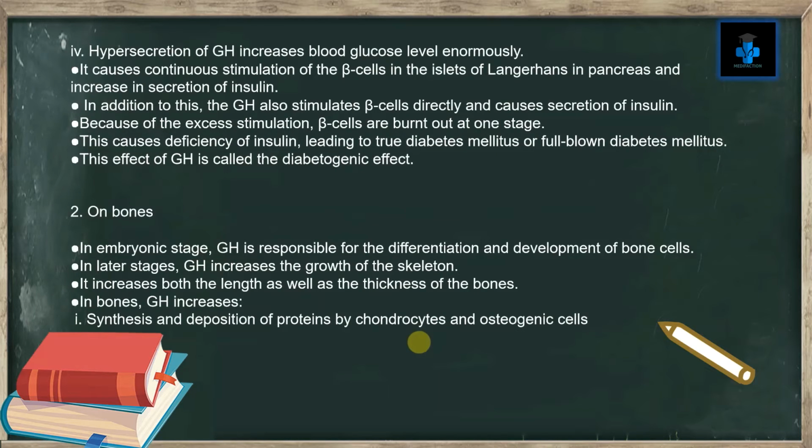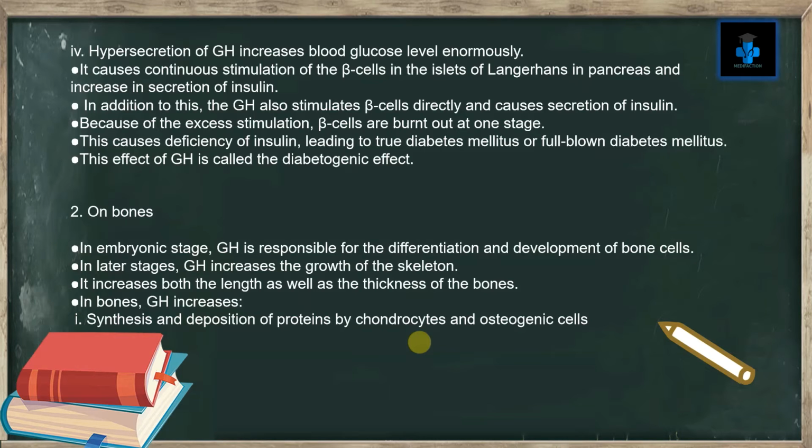Number 4. Hypersecretion of growth hormone increases blood glucose level enormously. It causes continuous stimulation of beta cells in the islets of Langerhans in pancreas, and this increases the secretion of insulin. In addition to this, the growth hormone also stimulates beta cells directly and causes secretion of insulin.